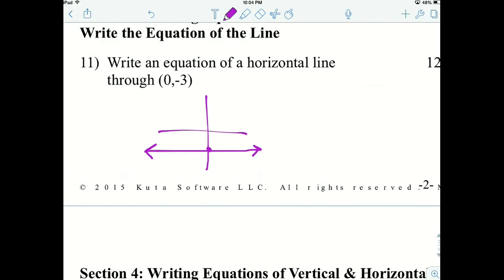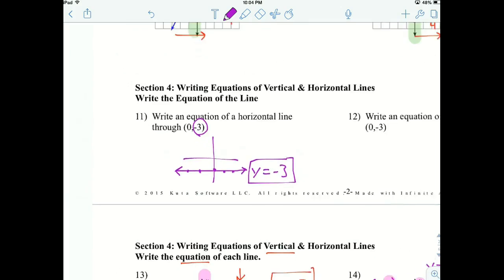Horizontal is across the horizon. We notice that the y value, the height, is always the same. So we say the y value is whatever we are told the y value is, in this case -3. These examples sure like the number 3. y equals -3 is the equation we're giving here.